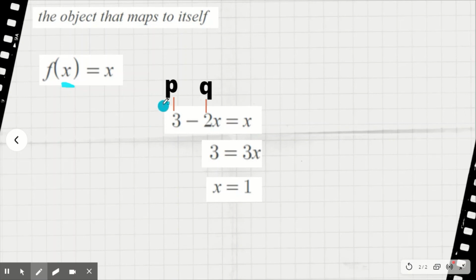And p we substitute the value that we got, which is 3, and q is 2. So we got 3 minus 2x equals x, and then solve it as usual. So this 2x brings here, became 3x, and x equals 1. That's all.